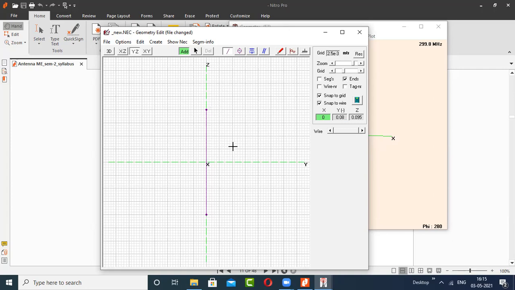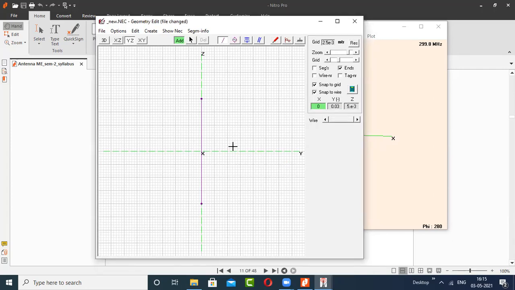Okay, so what is done? The earlier procedure was adopted as it is. You have to first select a frequency. We have taken it as 3 gigahertz. Then it shows the wavelength of 0.1 meter. So the dipole antenna will be half of that.